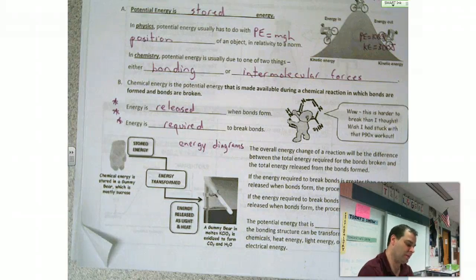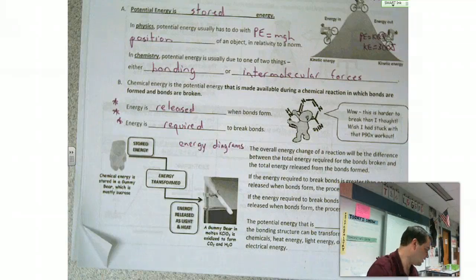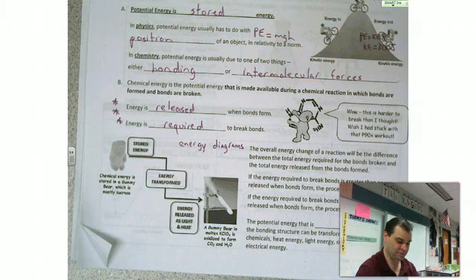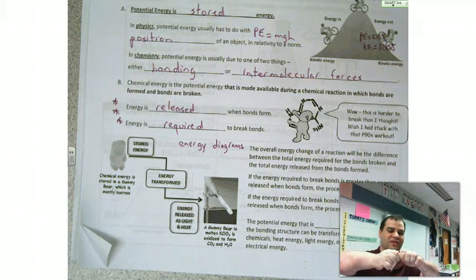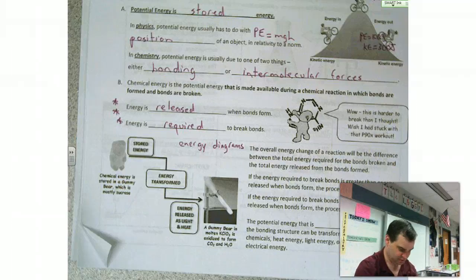To break bonds, you need to supply energy, which makes sense because if I had a popsicle stick, I need energy to break the popsicle stick.